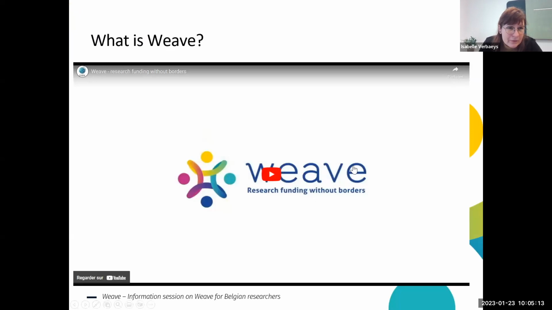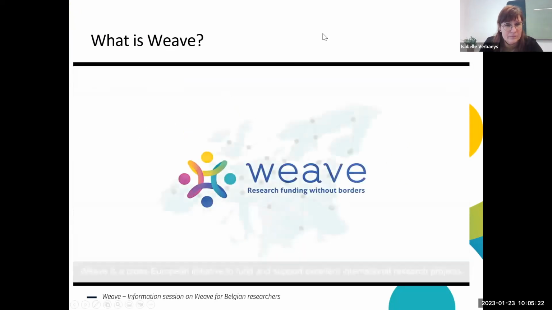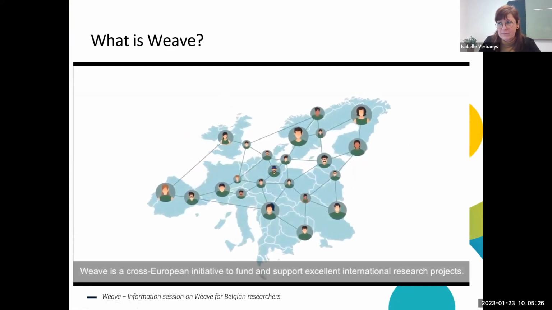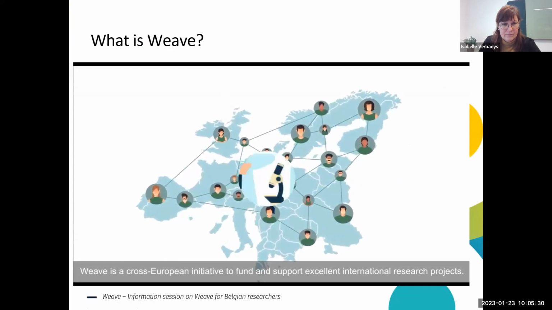So what is WEAV? Let us start with a video on WEAV to inform you what this initiative is. WEAV is a cross-European initiative to fund and support excellent international research projects.